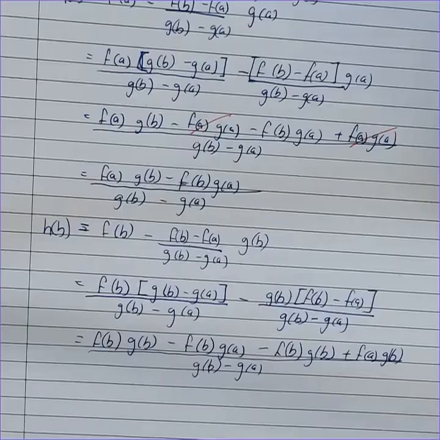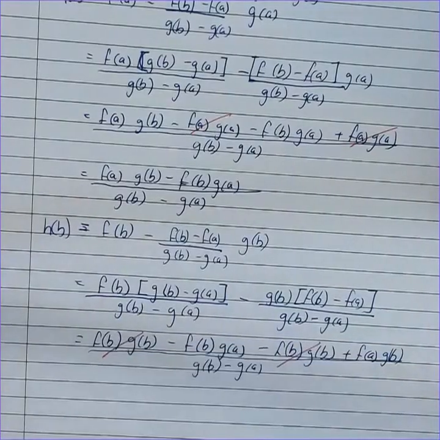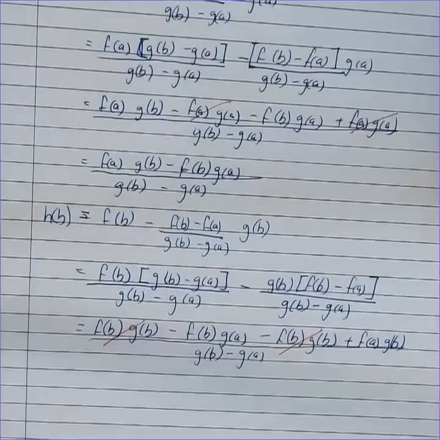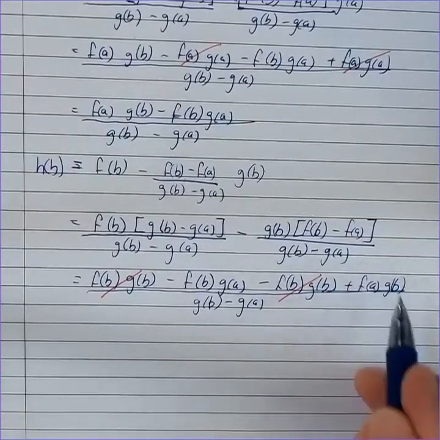And now let's see, two of these should subtract away, right here and here. F at B, G at B minus F at B, G at B. And we're just left with these. I'm going to go ahead and put the positive one first.